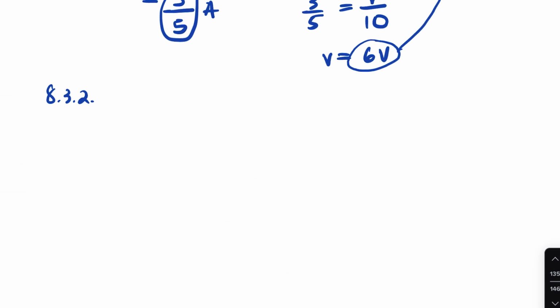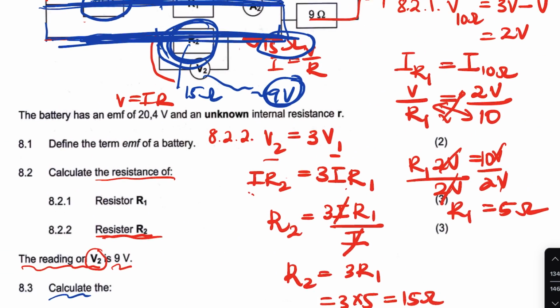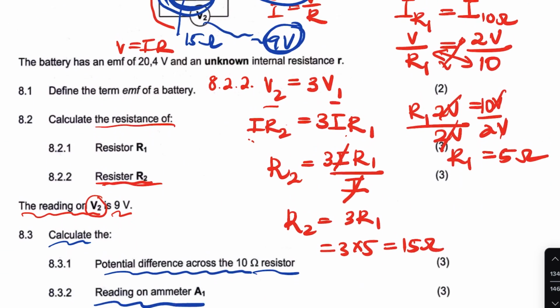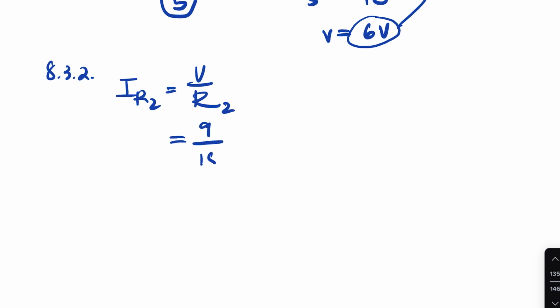So I'll say current in R2 is equal to V over R. The voltage there is 9, and the resistance there in R2, what was it? It was 15.